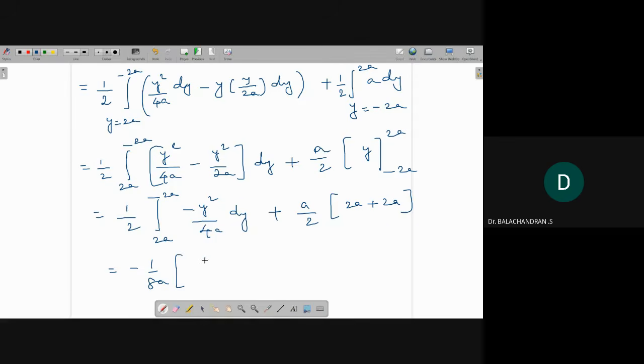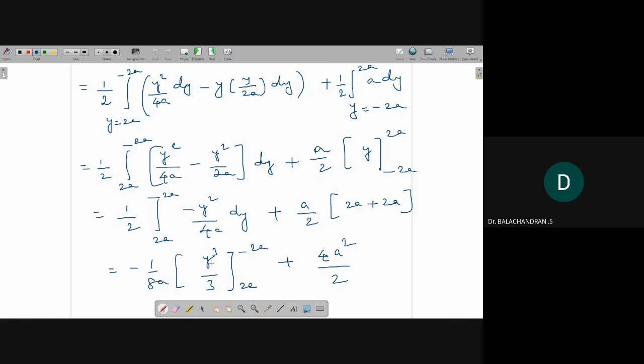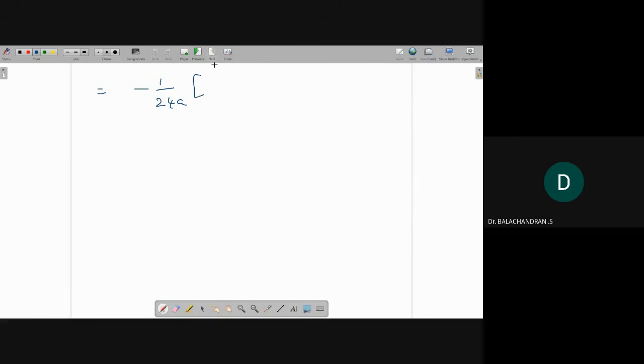If you integrate, you get y cube by 3. So limit is from 2a to minus 2a, plus this is 4a square by 2a by 2. So finally you get minus 1 by 24a into minus 8a cube minus 8a cube. Both of them are minus 8a cube. So please check it.